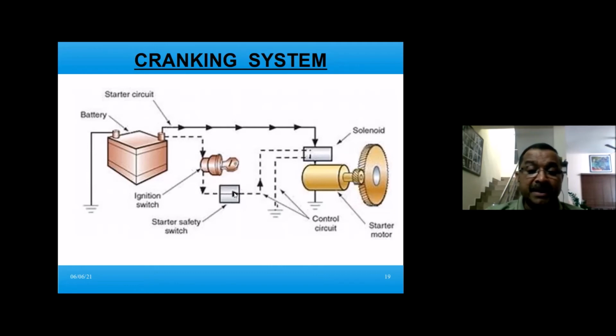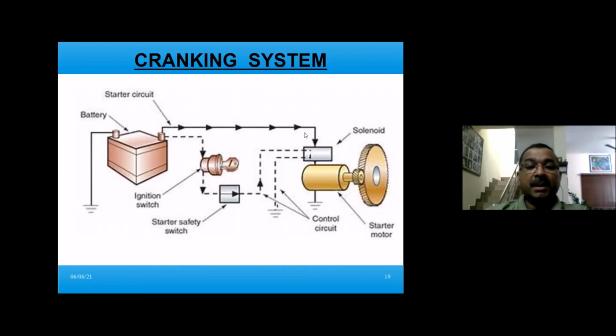The safety will be looking at the level of the lubricating oil in your engine, and it won't close if the level is lower than a particular level. So your engine will be saved.